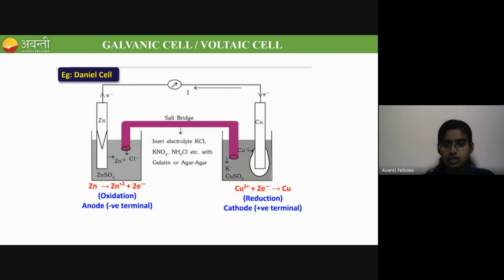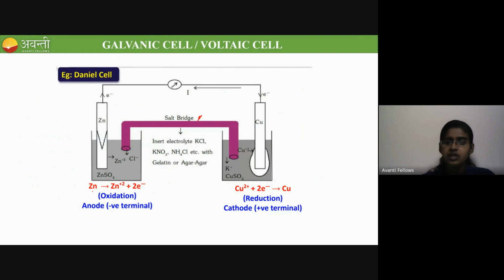The salt bridge connects these two solutions, and it is connected to the circuit. Zinc is getting oxidized and copper is getting reduced in the other beaker. So both oxidation and reduction happen here.